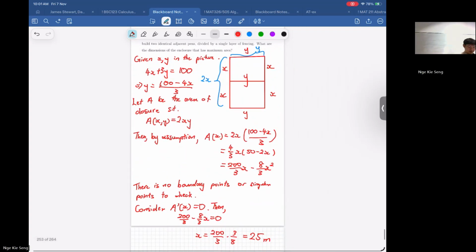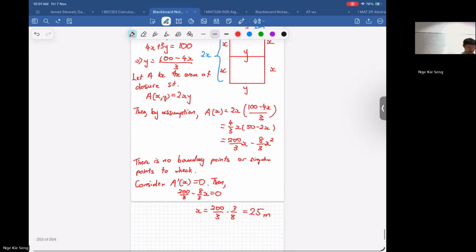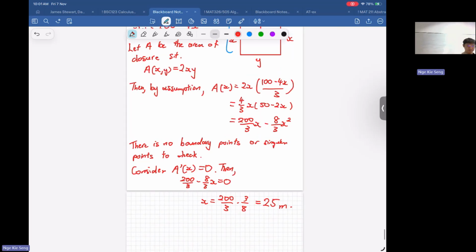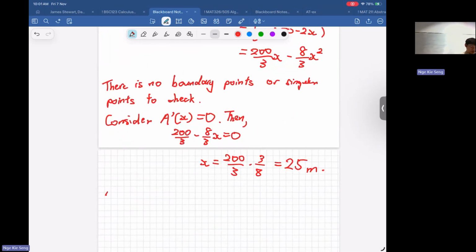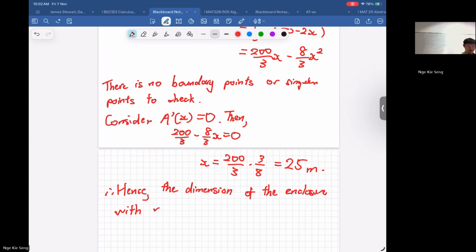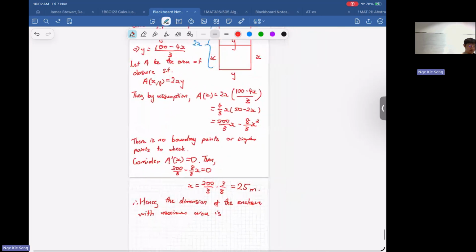Then what's the dimension here? Hence the dimension of the enclosure with maximum area is what?